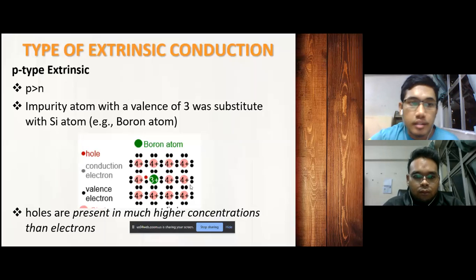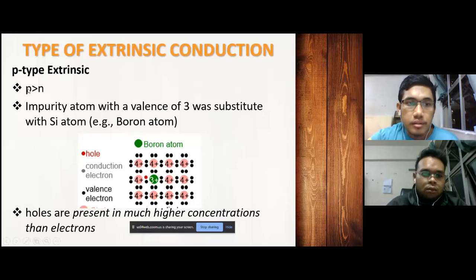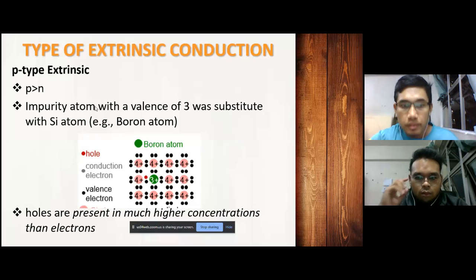Okay, next is the P-type extrinsic. For P-type extrinsic, the number of holes is more than the number of electrons. An impurity atom with a valence of 3 is substituted for the silicon atom. For example, an impurity atom with a valence of 3 is boron.